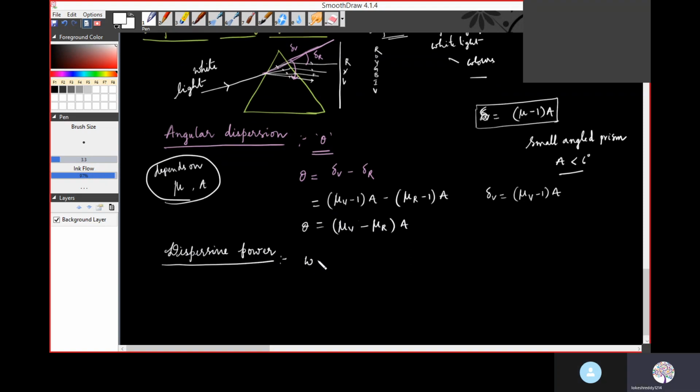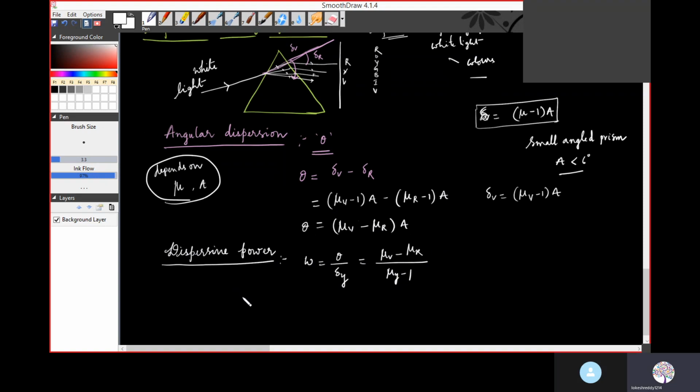Dispersive power is omega. Omega is equal to theta by delta y, so that is equal to mu v minus mu r by mu y minus 1.